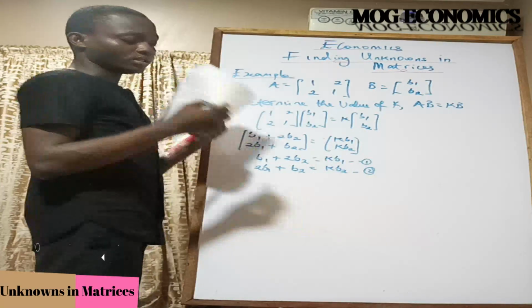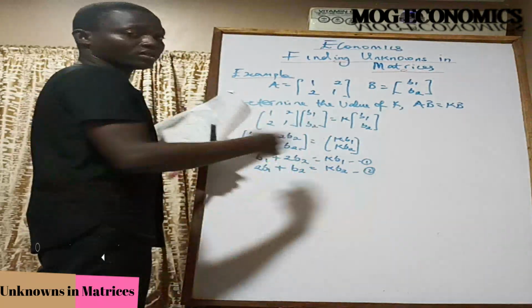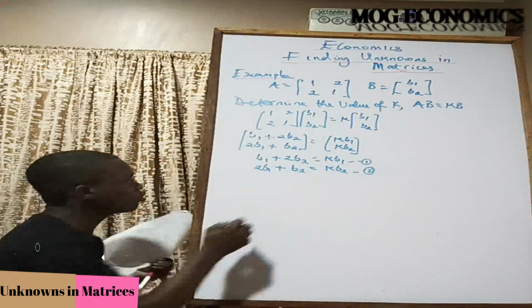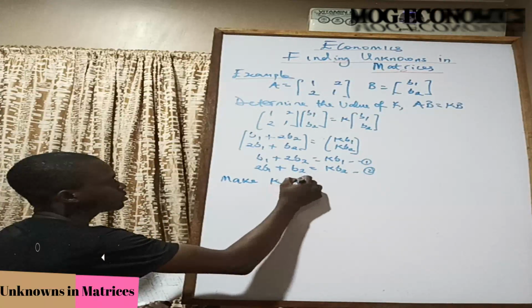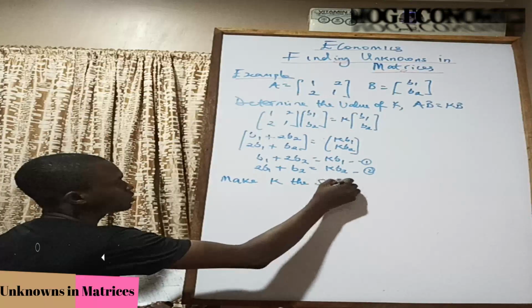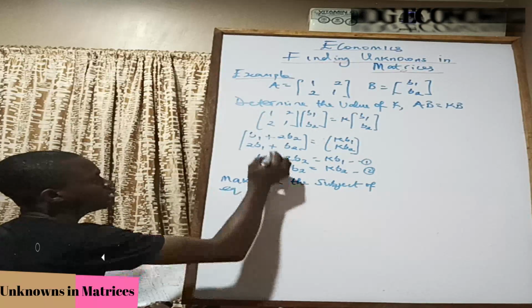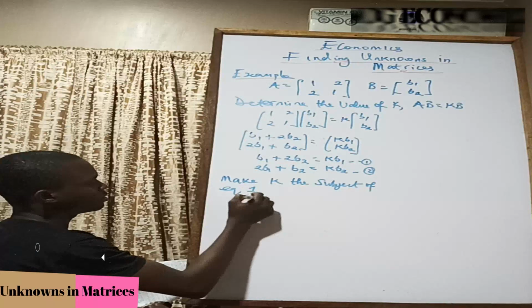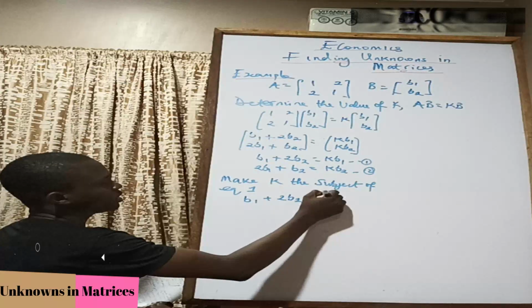What I need to find from here is K, so I make K the subject of one of these equations. Let me pick equation 1: make K the subject. I have B1 plus 2B2 equals KB1.